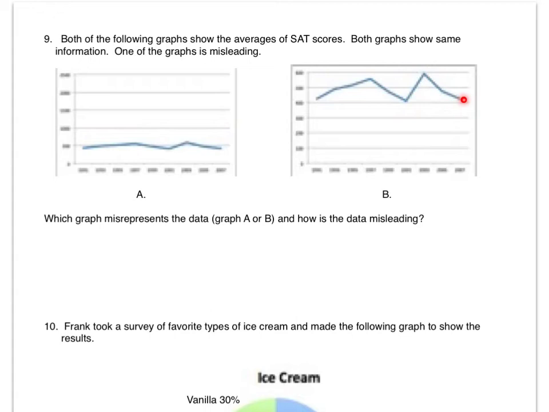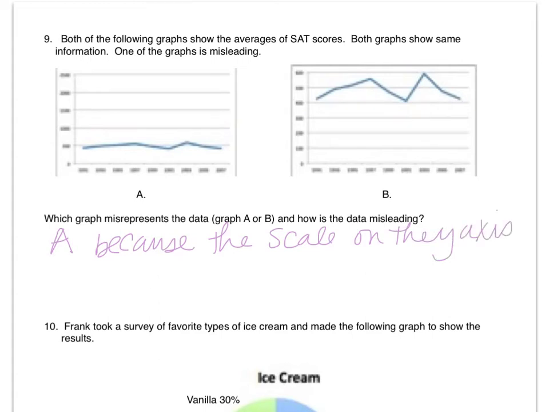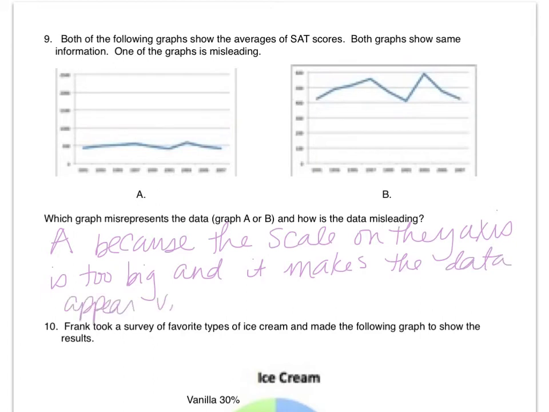So in my opinion, I would say graph A is misleading because the scale on the y-axis is too big and it makes the data appear very similar, or you could say it basically makes it look like the scores didn't really change over time.